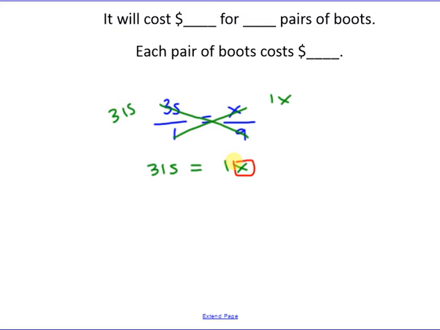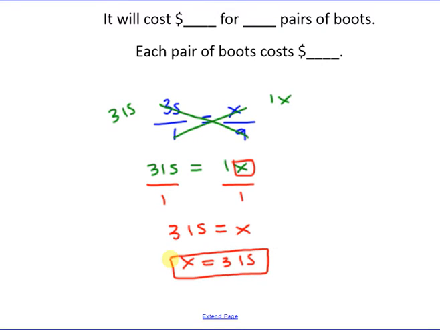Box the variable. Divide by 1, divide by 1, 315 equals x, but flip it around. X equals 315, but let's plug it back in. 35 over 1 equals 315 over 9. 1 times 315 is 315. 9 times 35 is also 315.